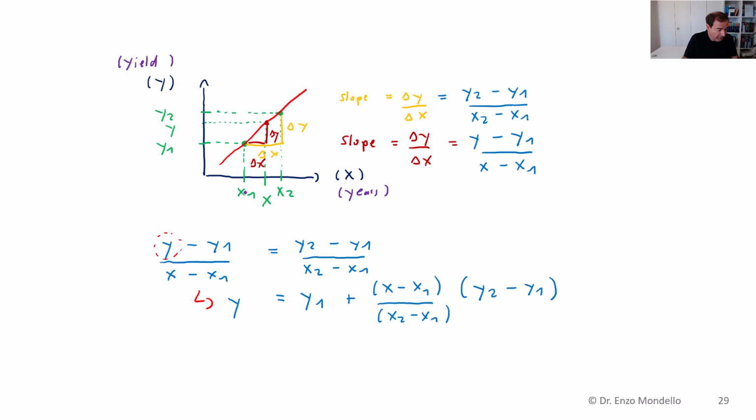Now I can include the yield curve in this years-yield diagram. Let's assume the yield curve looks like this. So that's the yield curve. Then we have on the vertical axis Y2. Y2 is the yield to maturity of the government bond with the longer time to maturity.